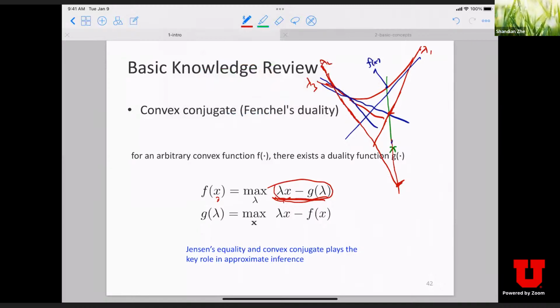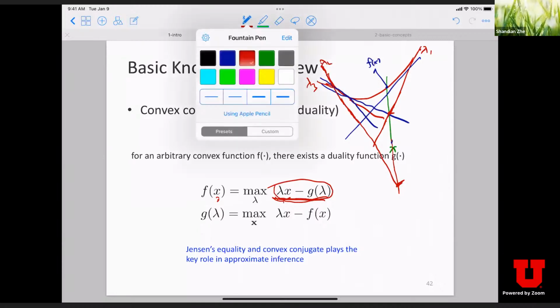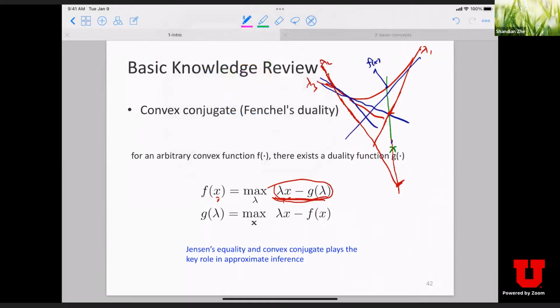For lambda three, let me use another color, something like this. To evaluate x, the value of this tangent line function is also smaller than f of x.